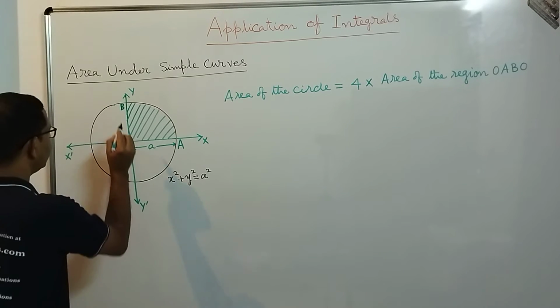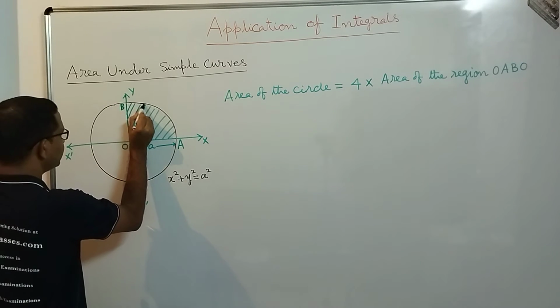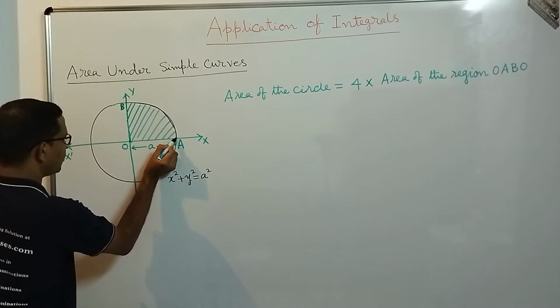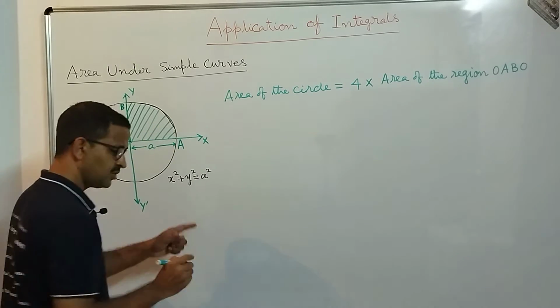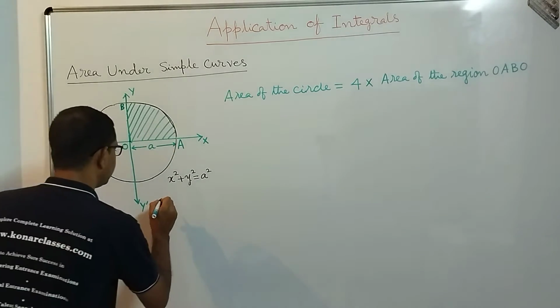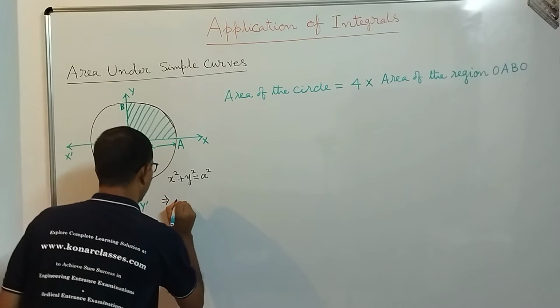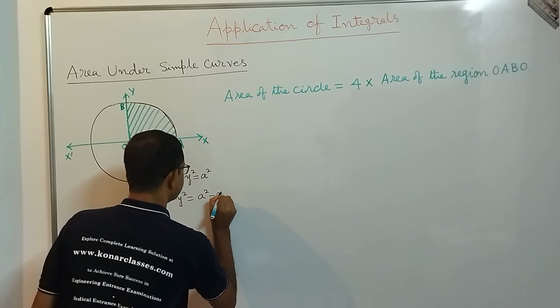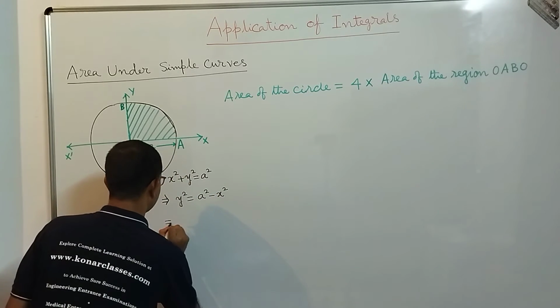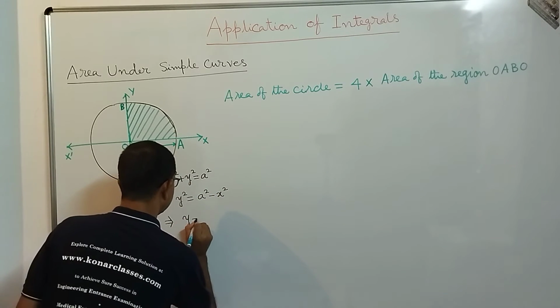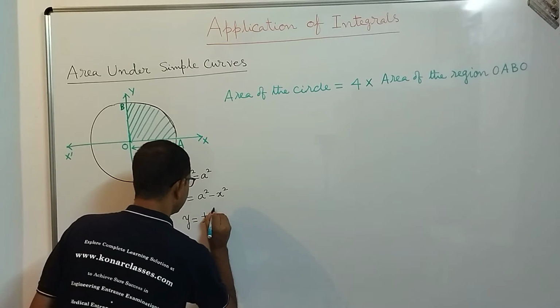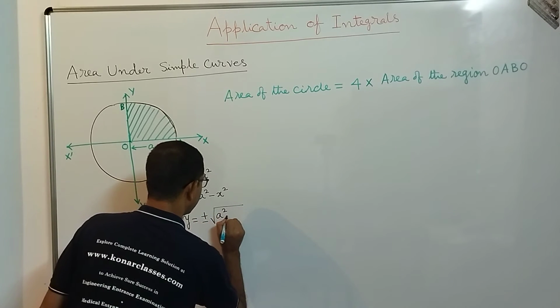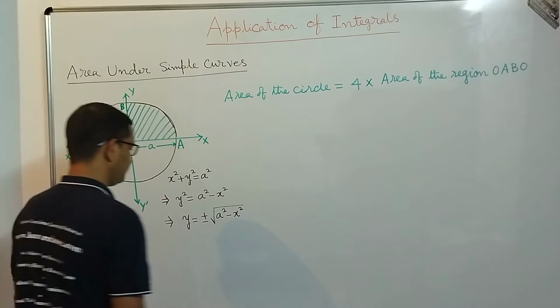So now if we consider this portion of this curve, it should be y equal to f(x). From here we can find that y square is equal to a square minus x square. That implies y is equal to plus minus square root of a square minus x square.